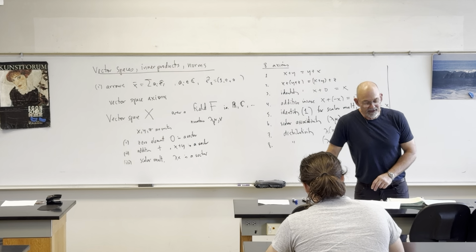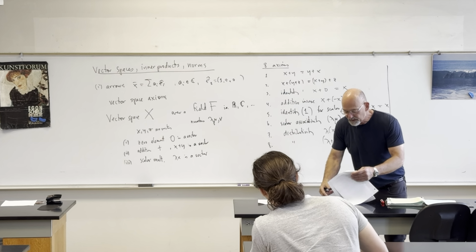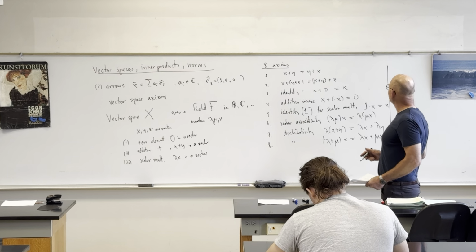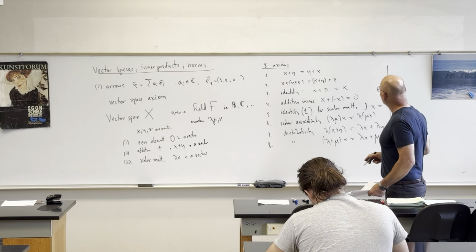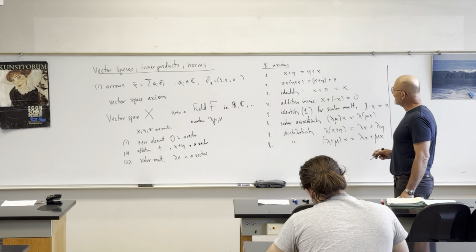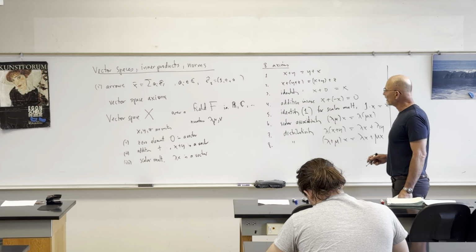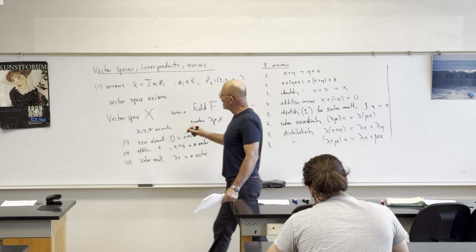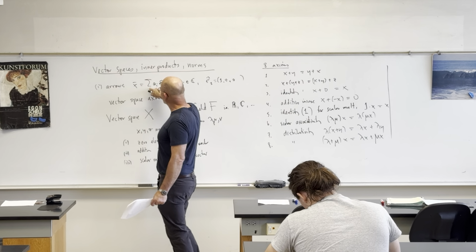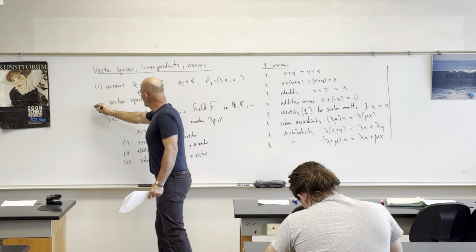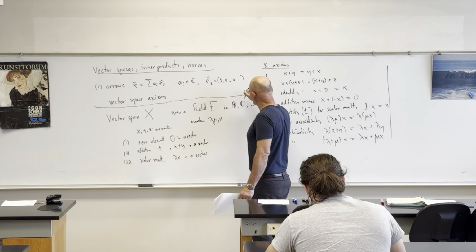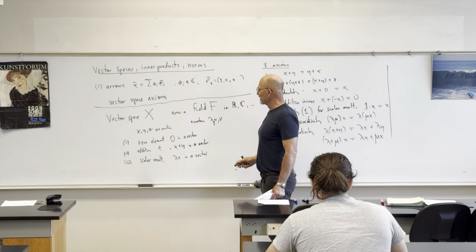So I'm going to put down the inner product as well. So this would be a vector space. The next thing is going to be an inner product space. It's actually kind of implied up here, but the vector space axioms started here. This was just one of the examples.